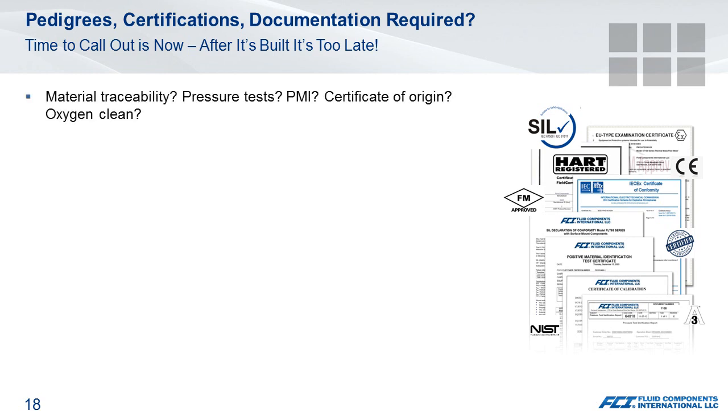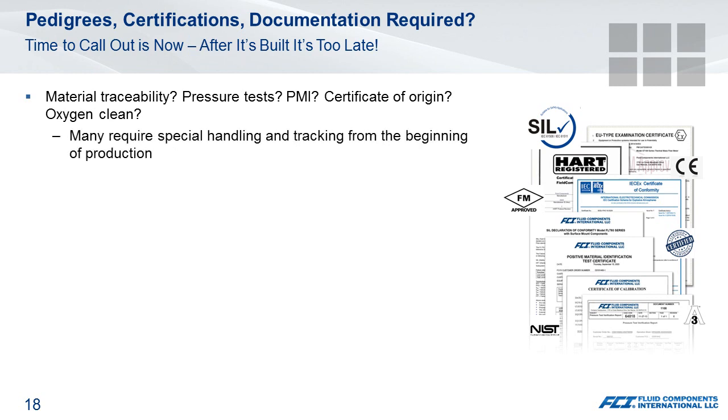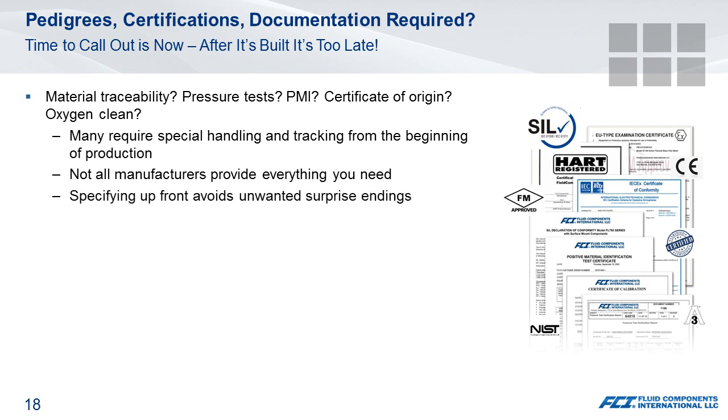If you need pressure tests or material traceability, oxygen clean, those kinds of things have to be known by the manufacturer up front so that you get the product at the end that has all those pedigrees and information you're looking for. And not all manufacturers can provide everything that might be required. So they may have your product, but not your tests and certifications. So getting those documentation certifications specified upfront and early avoids surprises at the end.